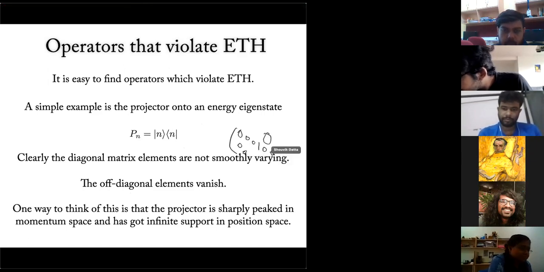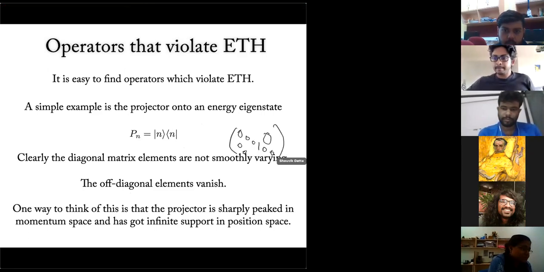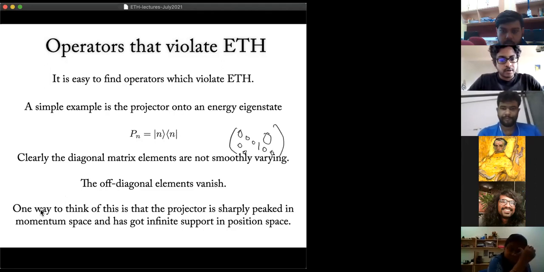Everything else will be 0 for this projection operator. So this clearly violates ETH. It doesn't obey the ETH ansatz of having large diagonal elements and suppressed off-diagonals. Since we are working with orthogonal states, all of these are 0.